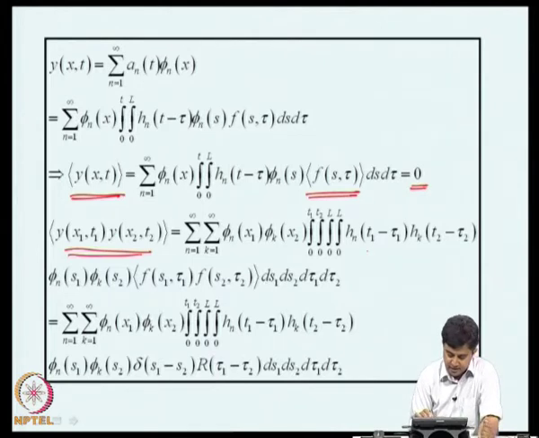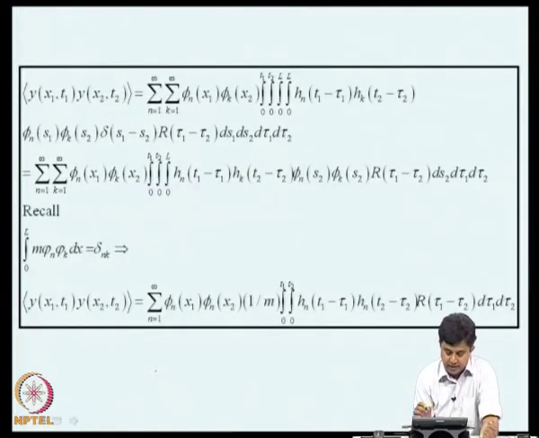If we run through this integration, two of the integrations involve this expected value of f of s1 comma tau 1 f of s2 comma tau 2, and that appears here as a Dirac delta function in space, but in time it is r of tau 1 minus tau 2. Earlier we had a Dirac delta function here again, but right now it is not so. So, one of the integrations can be done easily, and from 4 integrals we come down to 3 integrals.